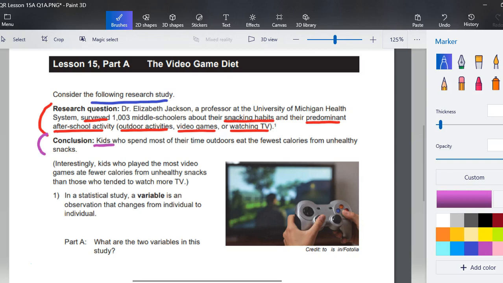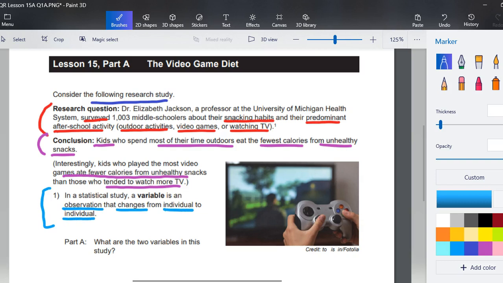Kids who spend the most of their time outdoors eat the fewest calories from unhealthy snacks. Interestingly, kids who played the most video games ate fewer calories from unhealthy snacks than those who tended to watch more TV.